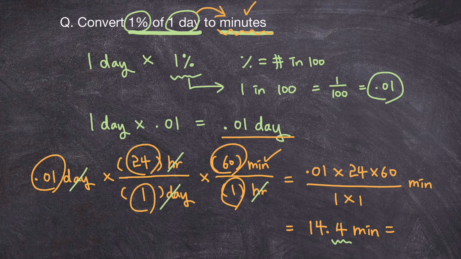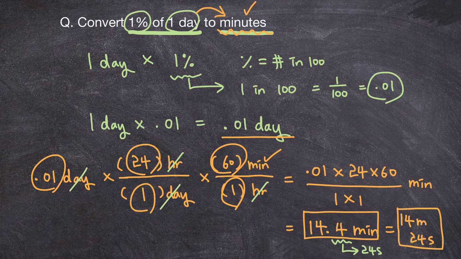So I'm gonna multiply 60 to 0.4, and that's equal to 24 seconds. So a more exact answer will be 14 minutes and 24 seconds. So either one works, and I'm gonna box them both as my final answers.